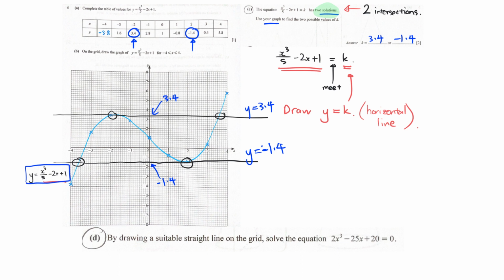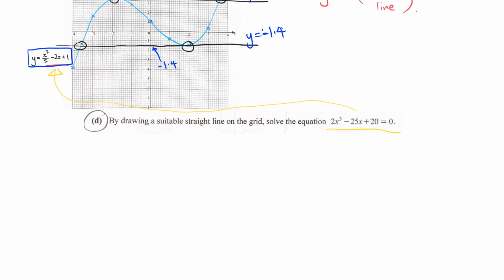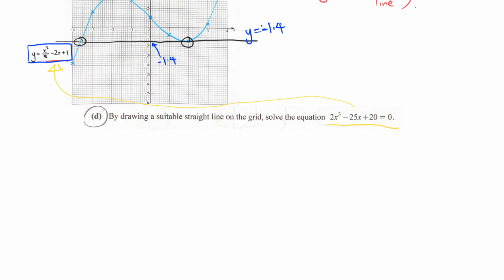And we want to actually manipulate this starting equation and do algebraic manipulation to have x cubed over 5 minus 2x plus 1 on one side of the equation. Let's begin. 2x cubed minus 25x plus 20 is 0.